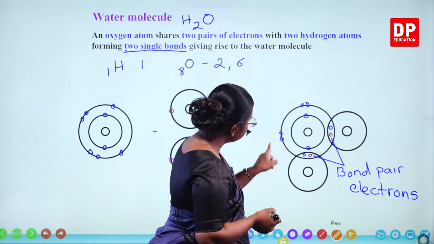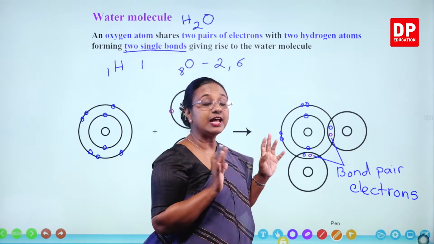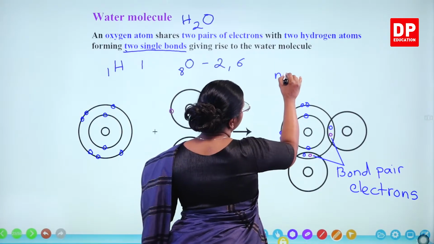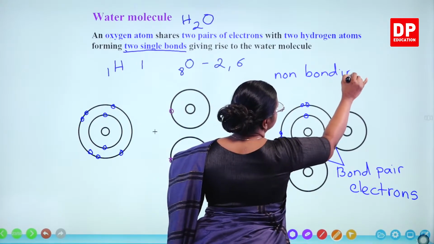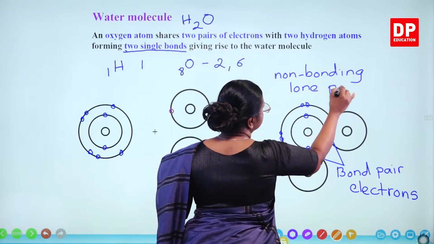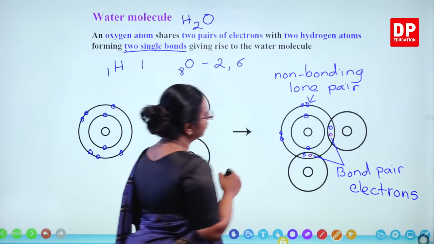So here can you see, students, there are 2 pairs of electrons on oxygen that are not involved in bonding, and those are known as non-bonding lone pairs. So this is a non-bonding lone pair.